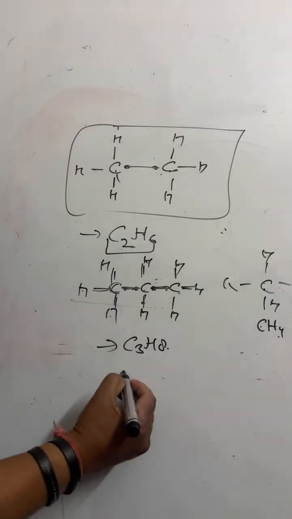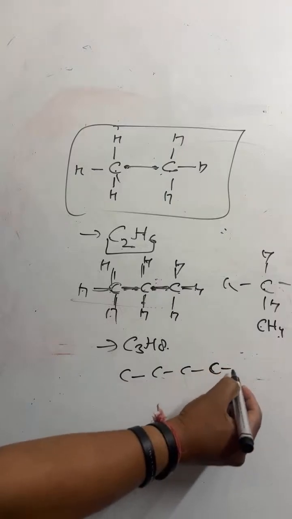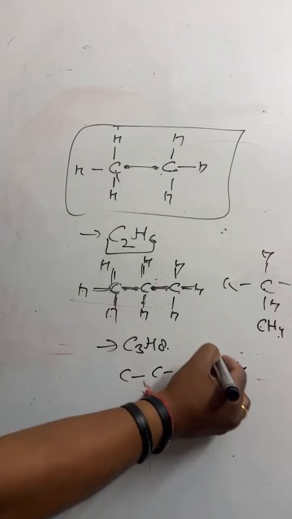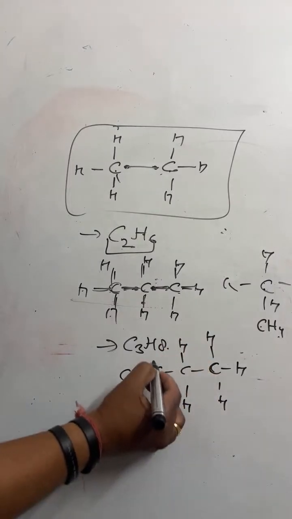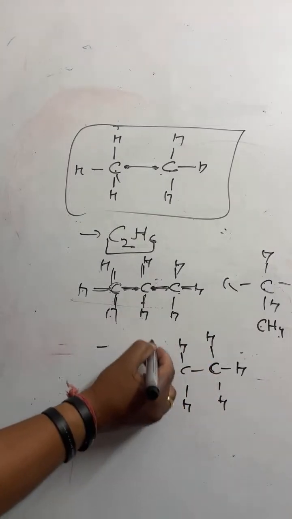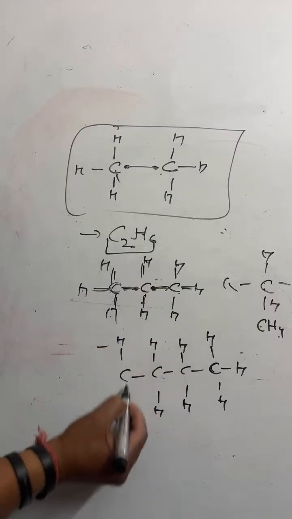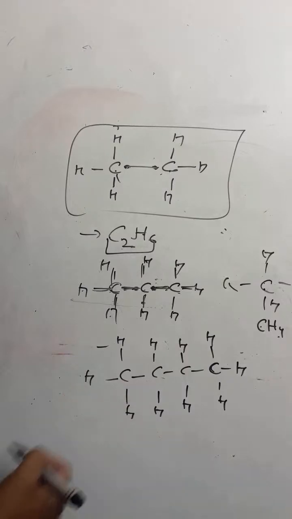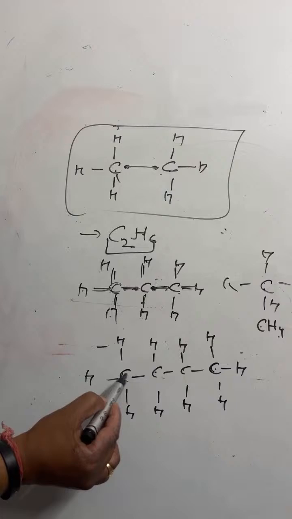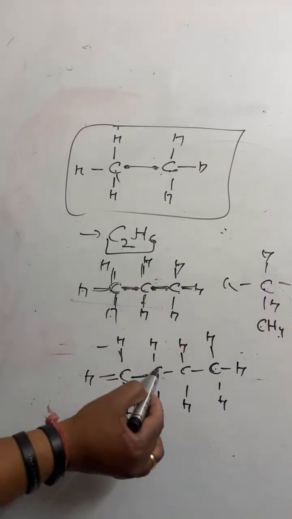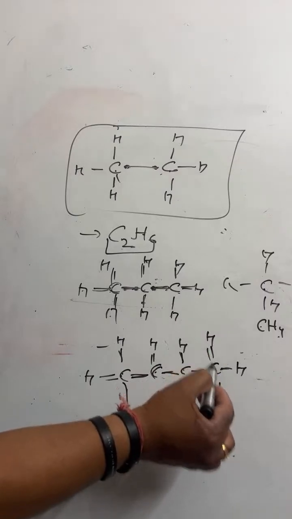If you have 4 carbon, C, C, C, C, here H, H, H, H, in this way. So, one more H, one more H, one more H. Now check, all carbons are happy. This carbon has 4 bonds, this carbon also has 4 bonds, this also, this also.